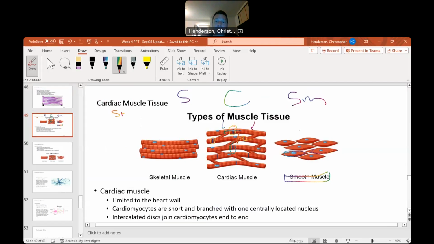So these gap junctions allow ions and electrical charges to pass through them so that they can all contract. Only cardiac has that, skeletal does not. So if you see striations and intercalated discs, you know you're looking at cardiac. If it's striated and it doesn't, you know you're looking at skeletal. The other thing is that cardiac is branched, skeletal is not.